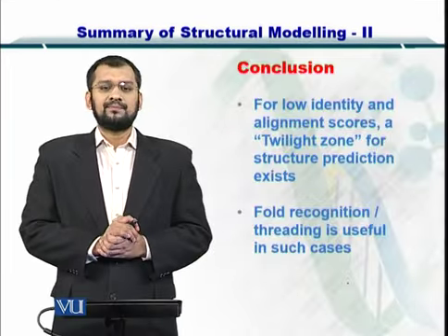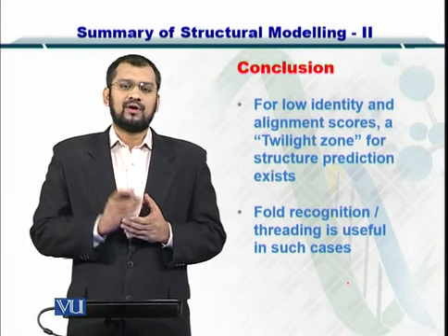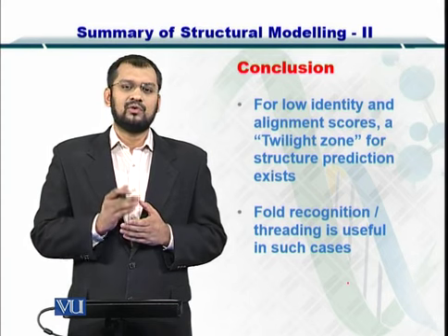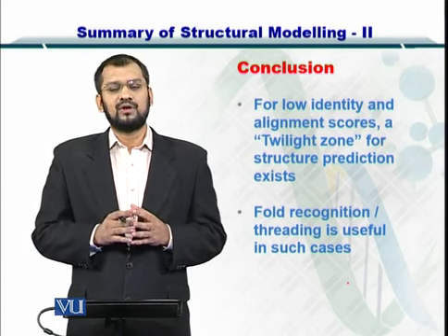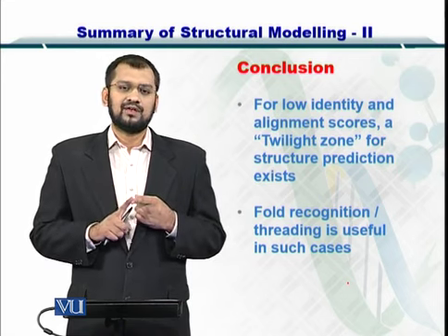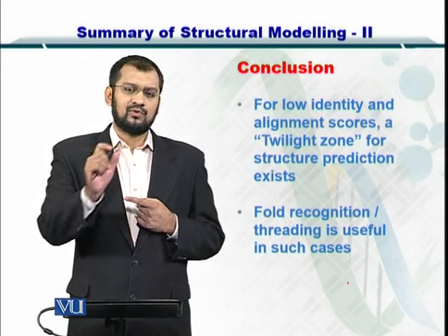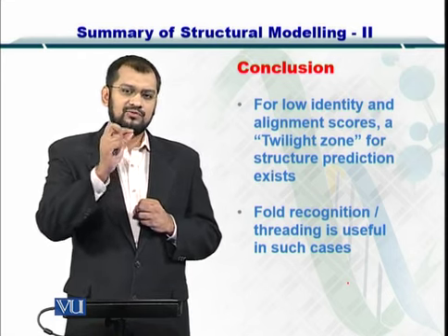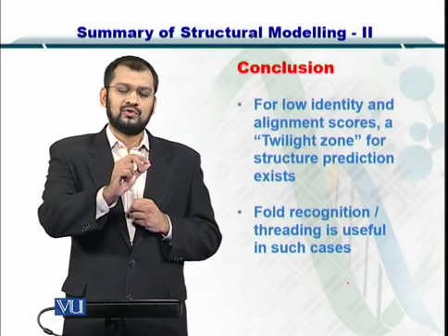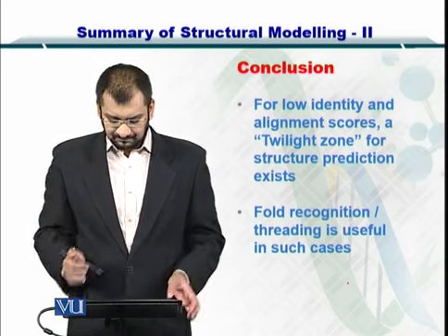So in conclusion, for the fold recognition, you may have a low identity and a low sequence alignment score. So in such cases, threading is very useful. So threading relies on the fold databases, and you have to find different folds from the overall protein structure and then investigate each fold individually to form that fold from the sequence that you have.